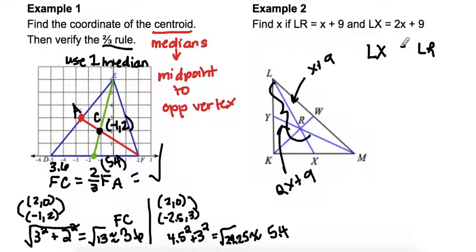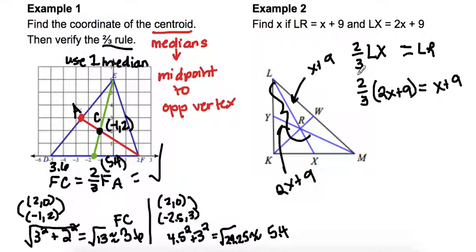So the centroid to the vertex, LR, should be 2/3 of LX. So if I plug in these things that I know, 2/3 of 2x plus 9 should equal x plus 9.